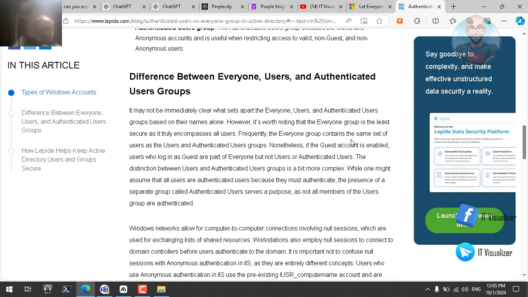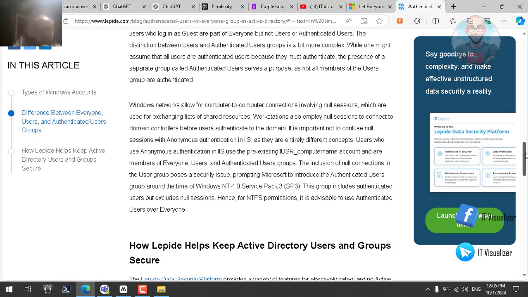Frequently, the Everyone group contains the same set of users as the Users and Authenticated Users groups. Nonetheless, if the guest account is enabled, users who log in as a guest are a part of Everyone, but not Users or Authenticated Users. I need the rights for the Everyone group.